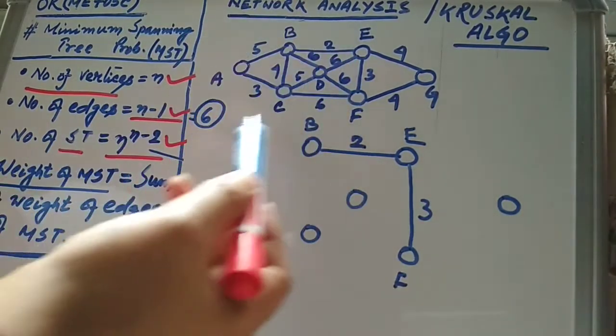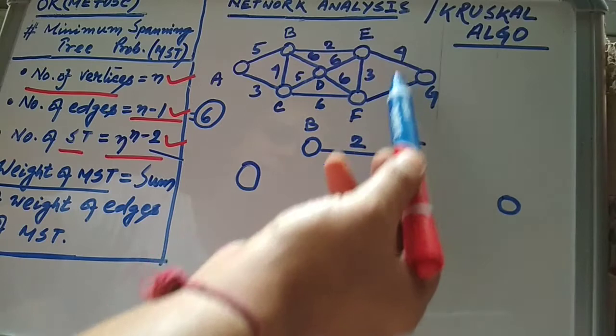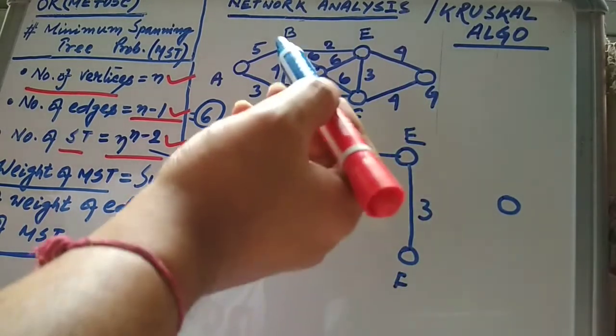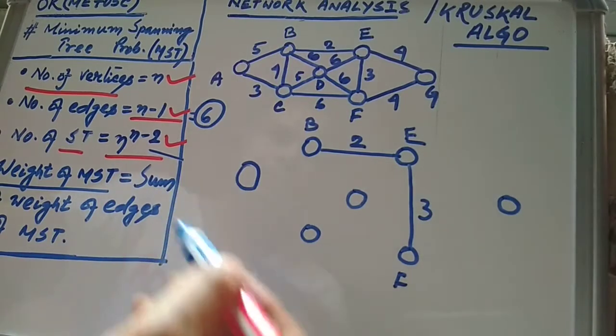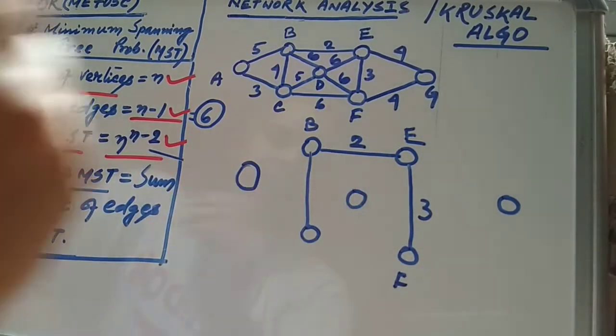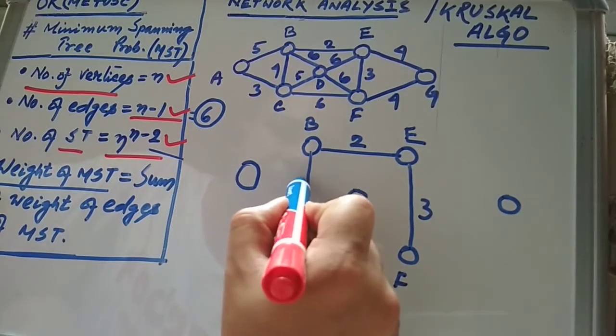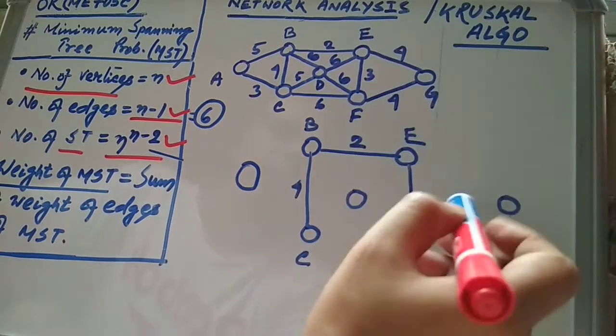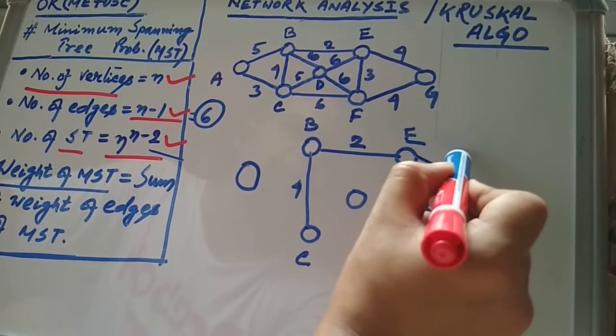Now coming to the next, after 3 we have 4. We have 4 values over here. Let us take one by one. First of all I will select this one, which gives 4, B and C. Next we have E to G, 4.